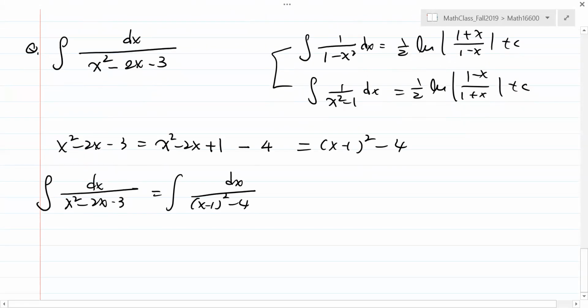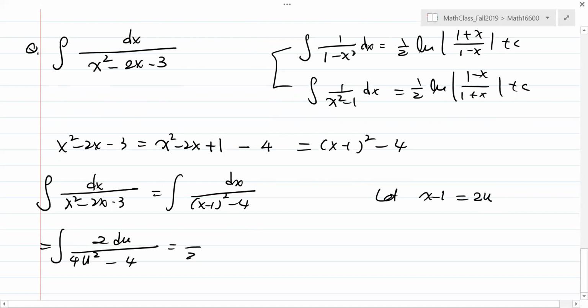Now I'm going to use a substitution. I want to get something squared minus 1. Here it's minus 4. So I let x minus 1 equal 2u, okay? Then you get 4u squared, and the same 4, you can take it out. So this will be 4u squared minus 4. And the dx is just 2 du, okay?